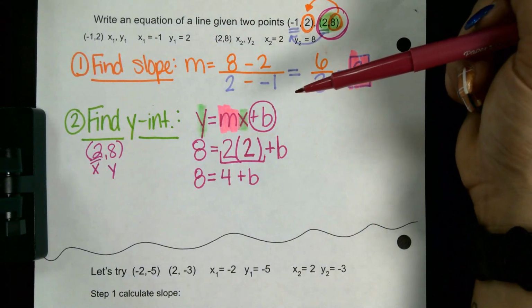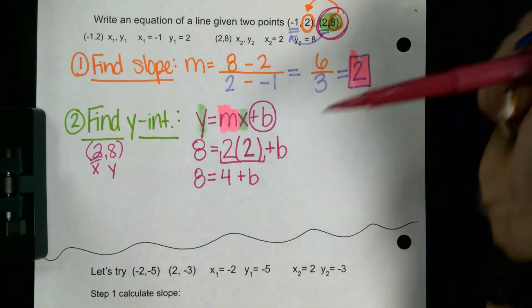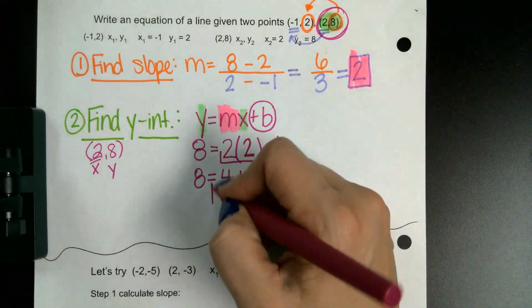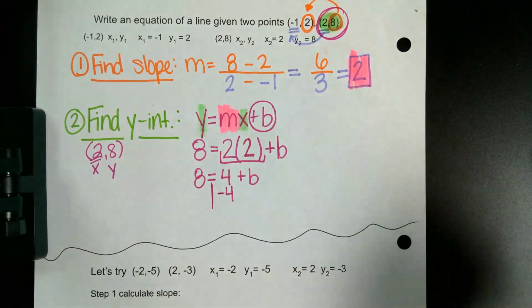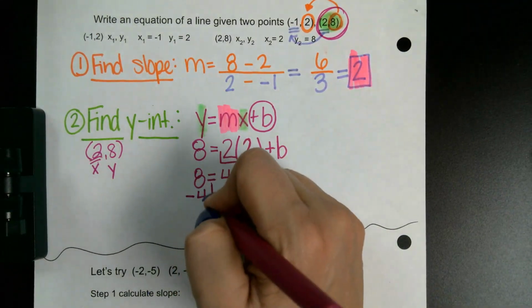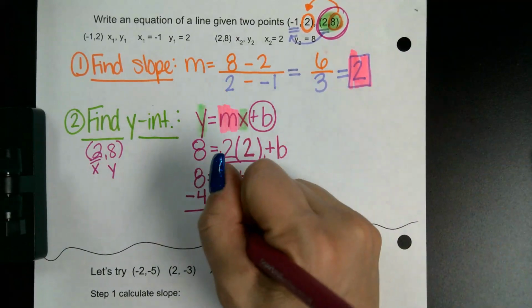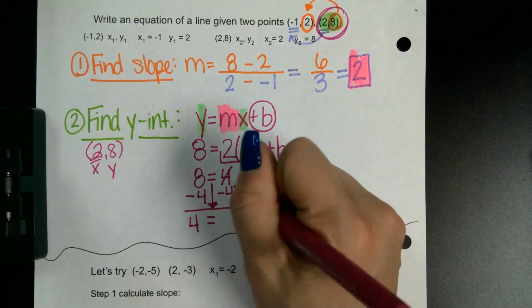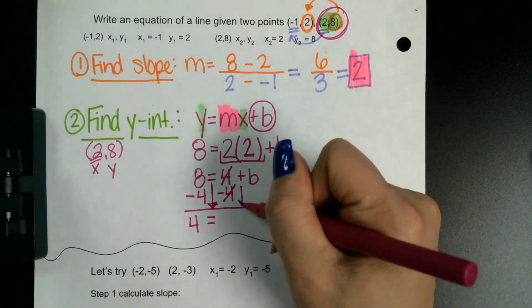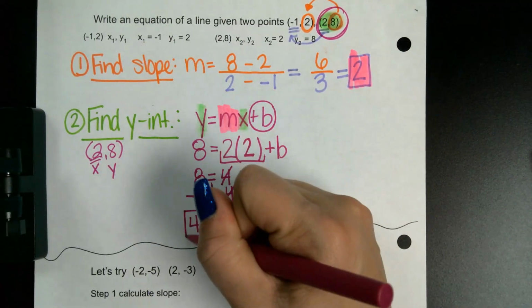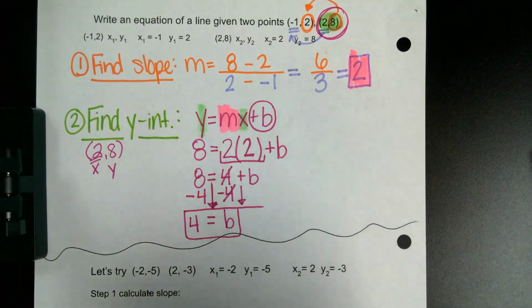The 4. And how do you move a positive 4? You subtract it. So I'm going to subtract 4 from the right and from the left. And what is 8 minus 4? 4. These two cancel each other out, and you just bring down the letter b. So b equals 4.